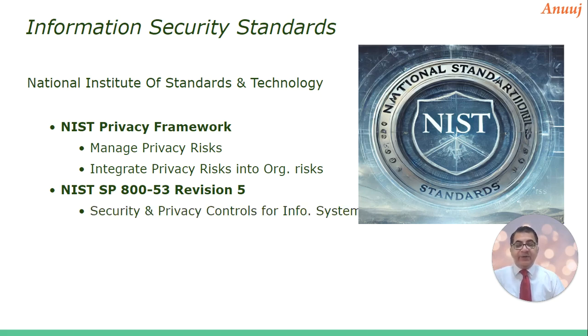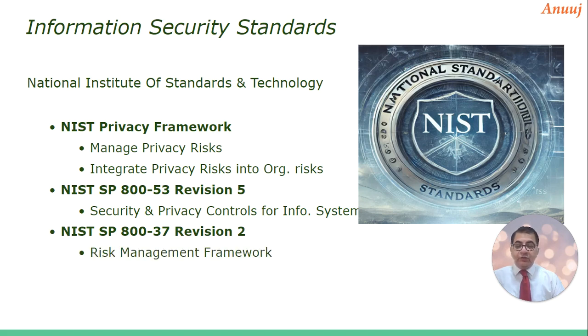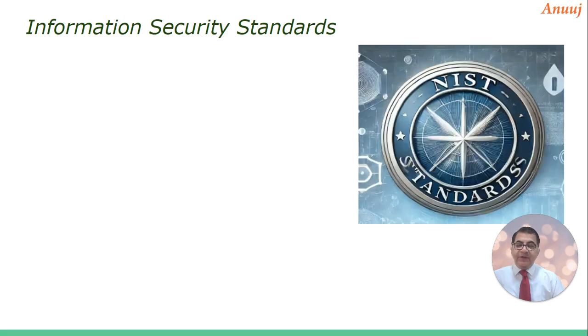It has a special paper, SP 800-53 revision 5, which defines the security and privacy controls for information systems, your IT components. SP 800-37 revision 2 provides you with the risk management framework and a complete life cycle approach for security and privacy.